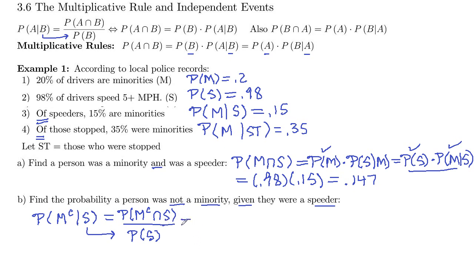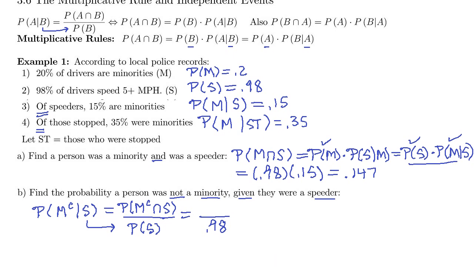So that denominator we know is 0.98. And then not a minority, and they were a speeder. We don't have that probability here. However, we can find that probability.